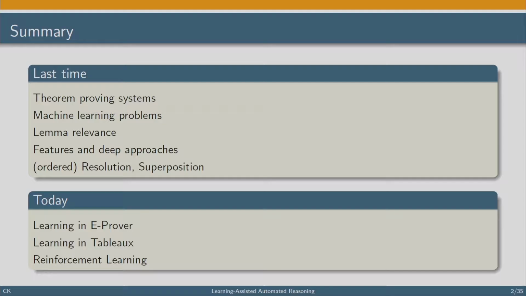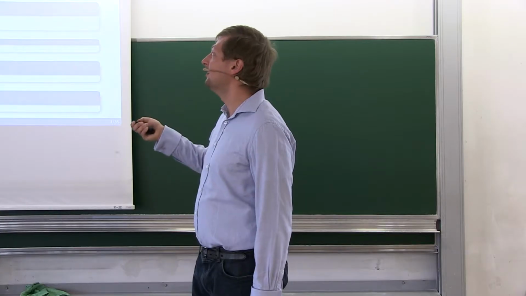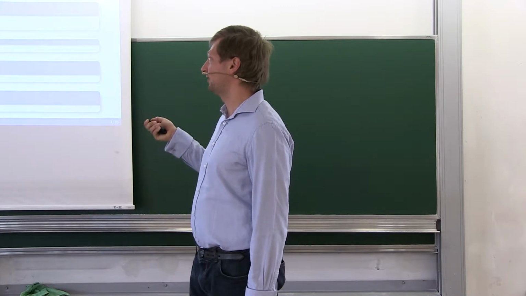Okay, so let's go from the calculus to an actual full-scale superposition calculus prover. In order to do that, actually I have one more slide which I wanted to talk about before. So where are we? We know how to select relevant knowledge.